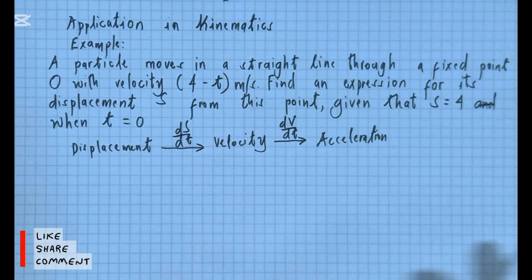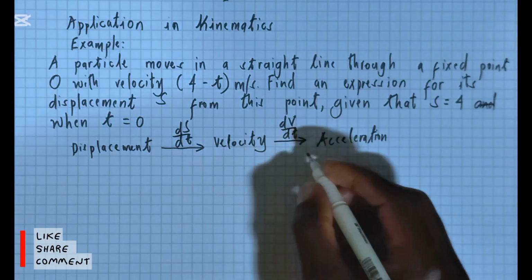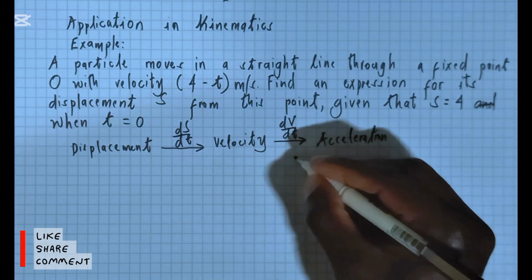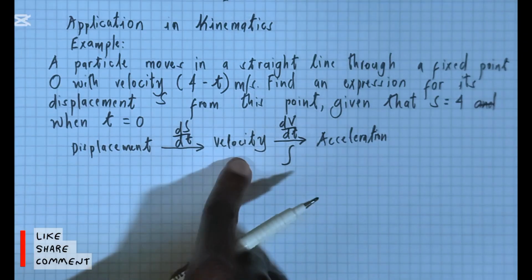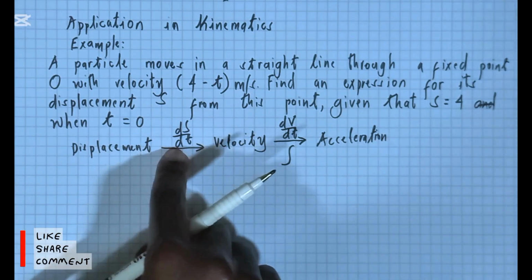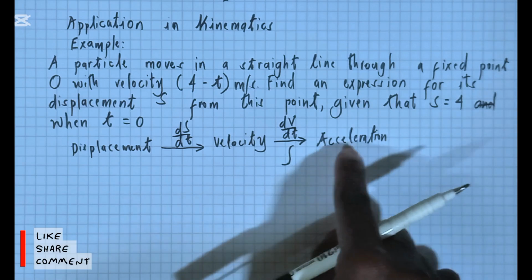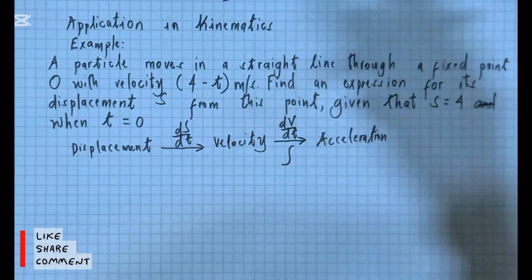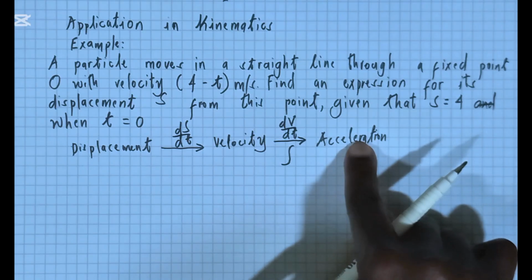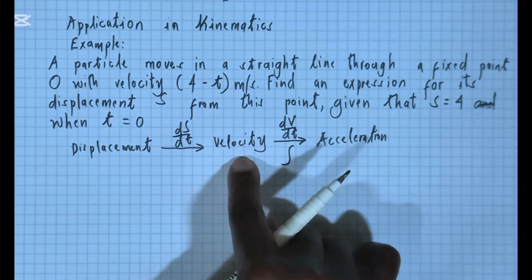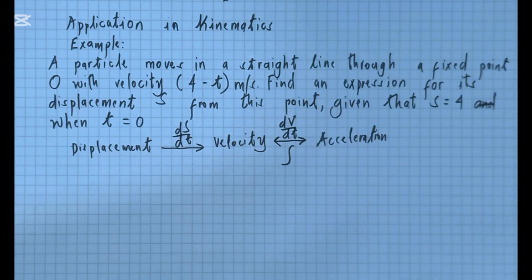So when you go the opposite way, when you integrate acceleration, in effect you're going to get the reverse of whatever you got before you went to acceleration. Remember, integration is just the opposite of derivation. So when you integrate acceleration, you get velocity, and we can have a back and forth there.